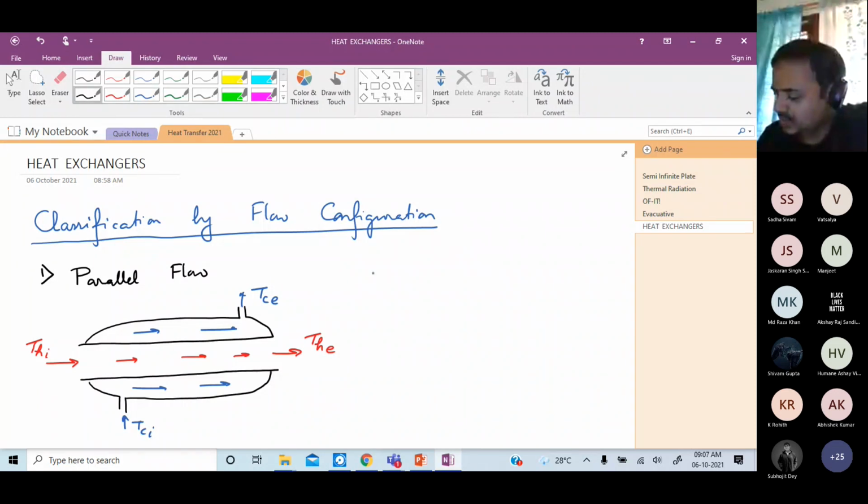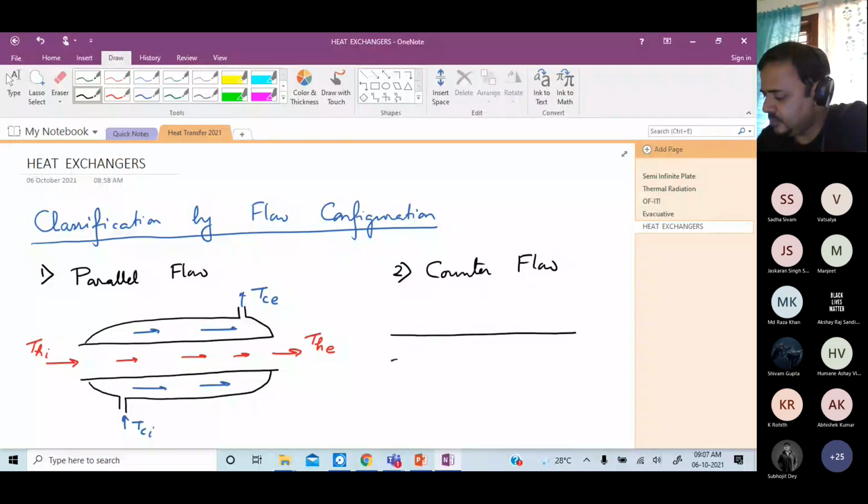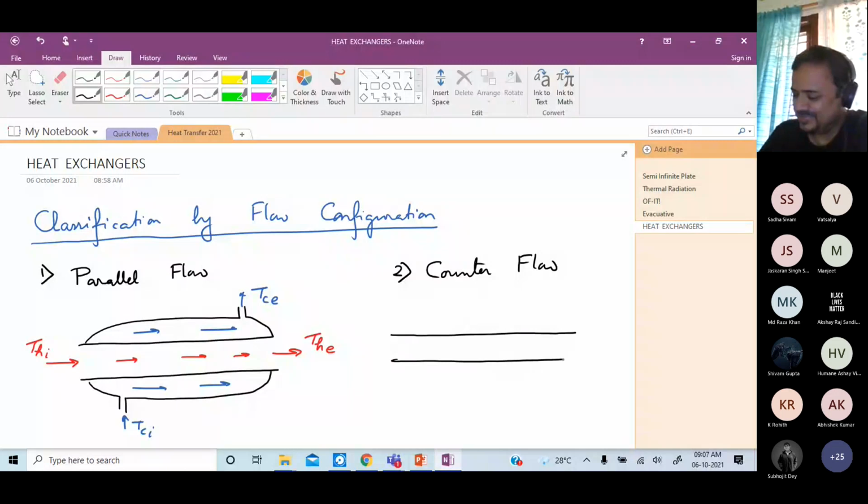And then you have what we call the counter flow. You draw the same thing here. Now, when I teach on the blackboard, I cheat a bit. I just change things on the first diagram, but here I cannot. Okay, same configuration.